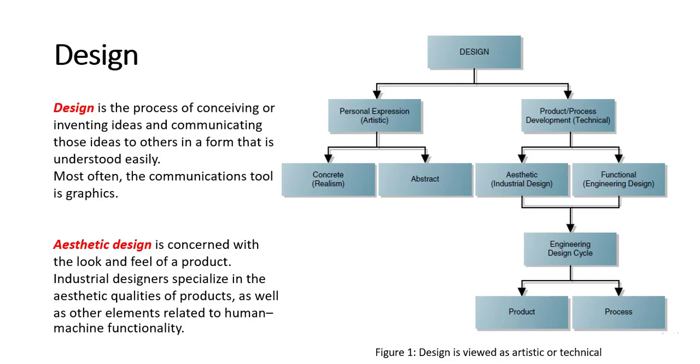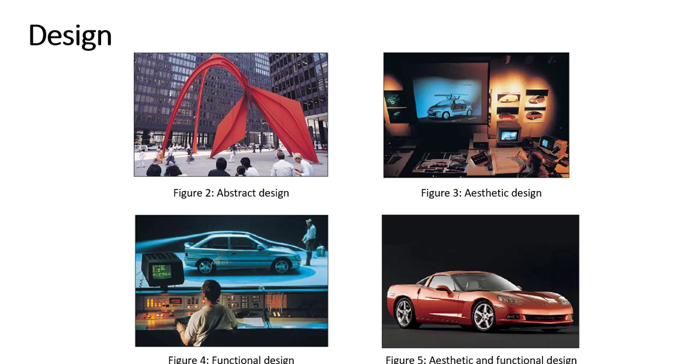Design for personal expression, usually associated with art, is divided into concrete or realistic and abstract. Design is often a source of beauty and interest, like Figure 2. That's one.